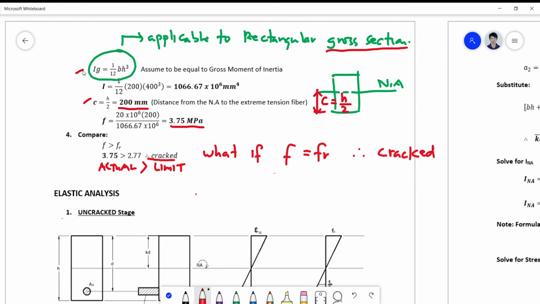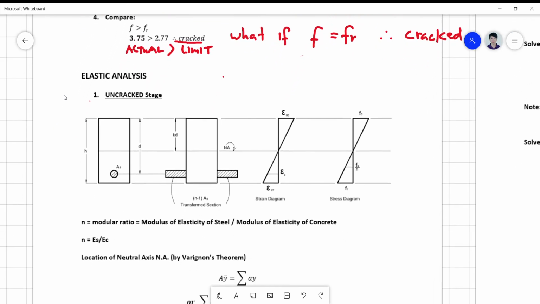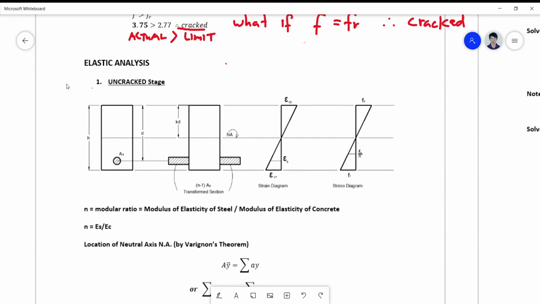Okay, so here in the example, the next lecture on the Uncracked stage, we are going to use the reinforced concrete section considering both the concrete and the steel as a material.